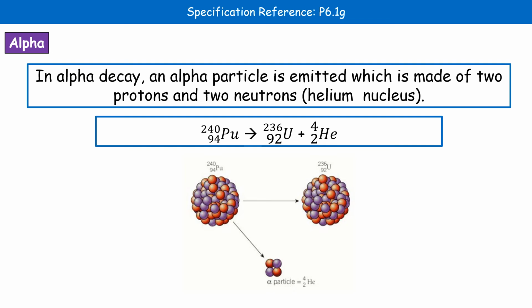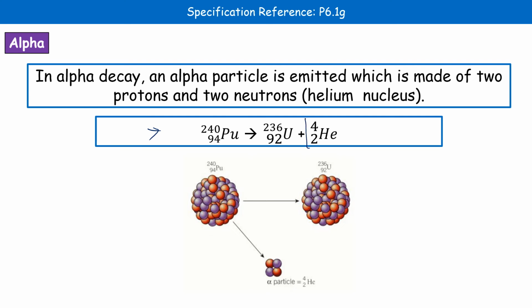So if we look at the little equation here, we start off with an element which has got a mass of 240 and an atomic number of 94. We are then going to form something and an alpha particle.